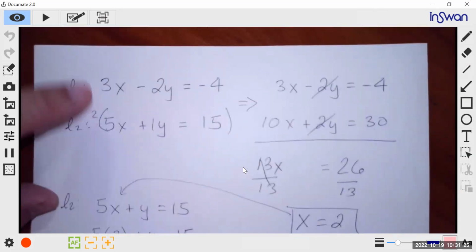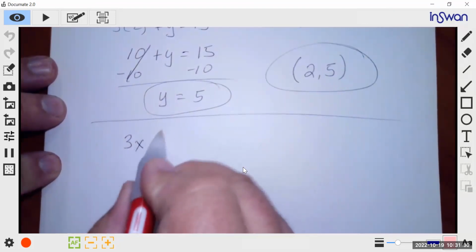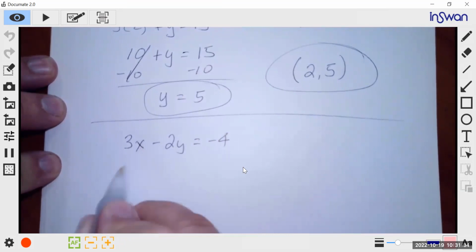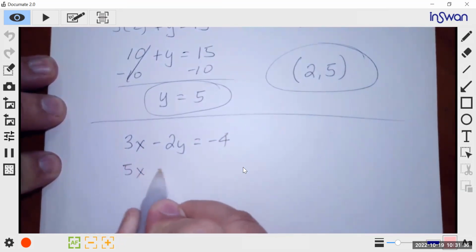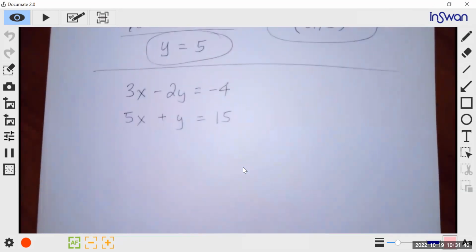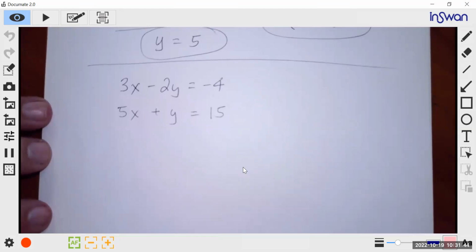Let's try it with looking at the first numbers this time. 3x minus 2y equals -4. 5x plus y equals 15. This time I want to get rid of the x's first.